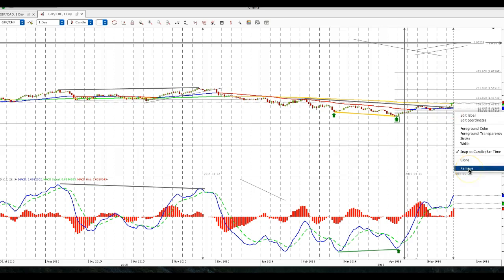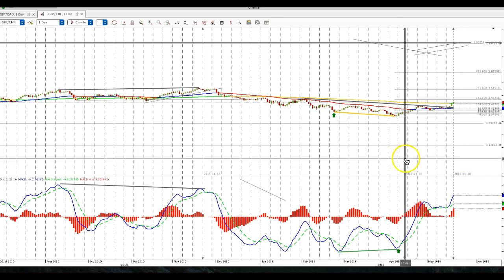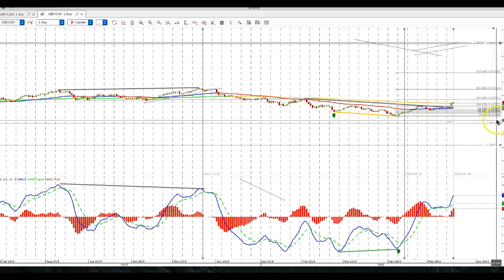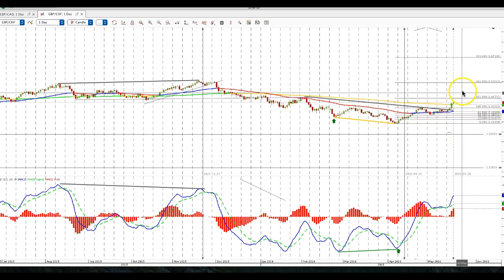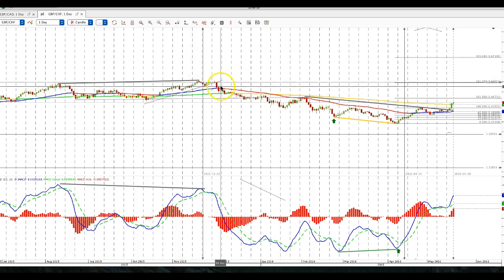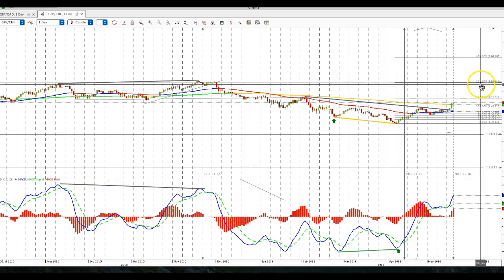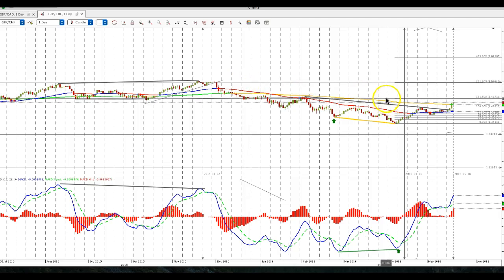Okay. So that's how this pair should technically continue to go north. We do have a swing high all the way up at the 261 extension, and I'm not sure if it can break that level of resistance and continue, but 161 is the first one, and that's our recent resistance level.